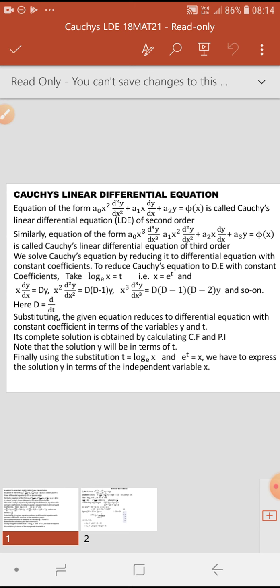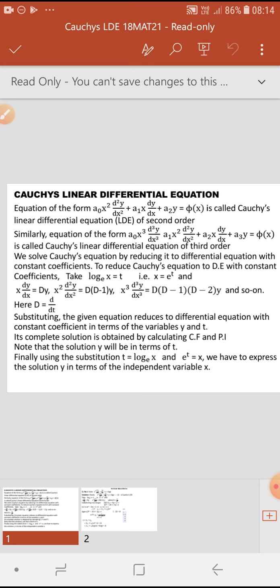So by this substitution, the given equation, which was in terms of the variables x and y, gets converted into a differential equation with constant coefficients, but in terms of the variables y and t, so that the independent variable will be t.